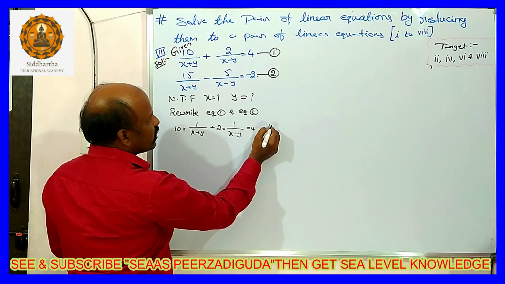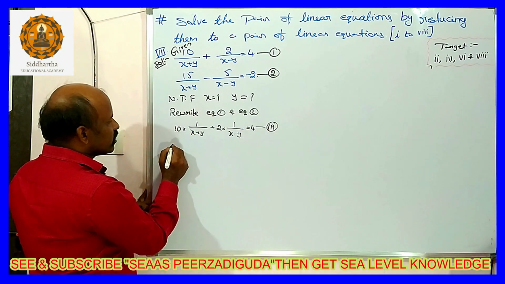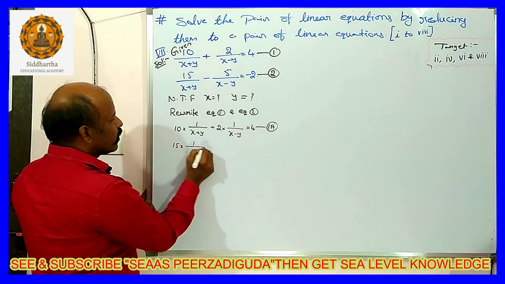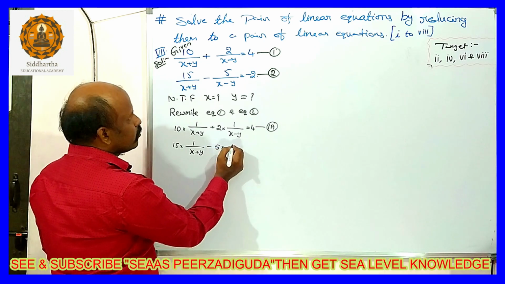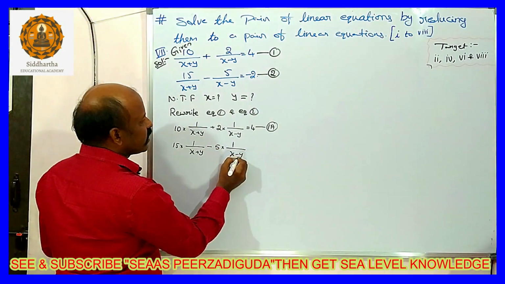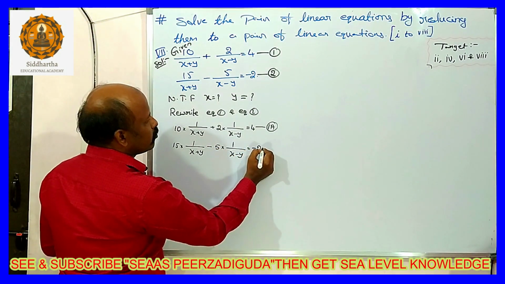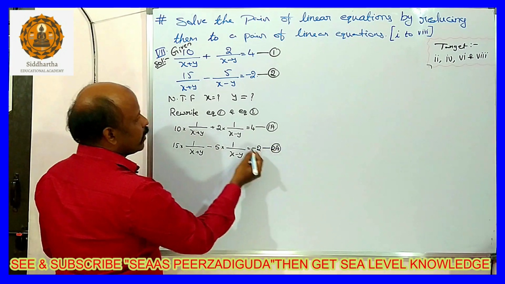This is equation number 1a, and the second one is 15 into 1 by x plus y minus 5 into 1 by x minus y is equal to minus 2. This is equation number 2a.